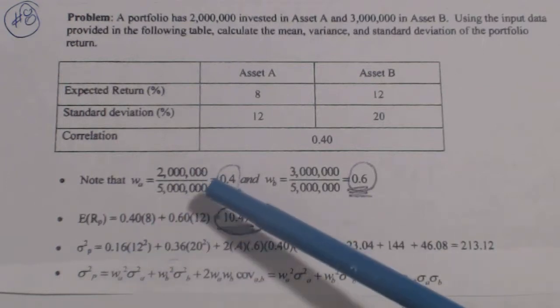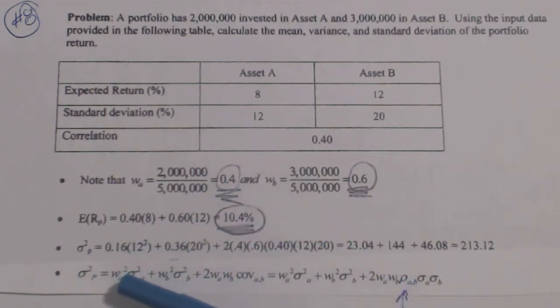So the weighted average is 0.4, so that's 0.16, because 0.4 squared is 0.16.